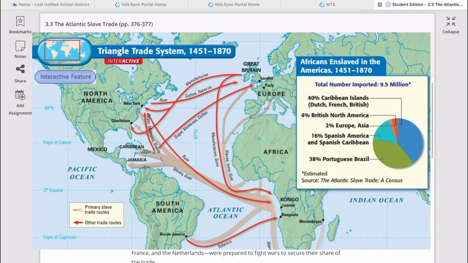On the second, or middle, leg of the triangle, these slaves were brought to the Americas, where they were sold for huge profit. And on the third leg of this triangle, the slave ships returned to Europe laden with valuable sugar, tobacco, coffee, and cotton. So cotton was used in the cottage industry for making cloth.